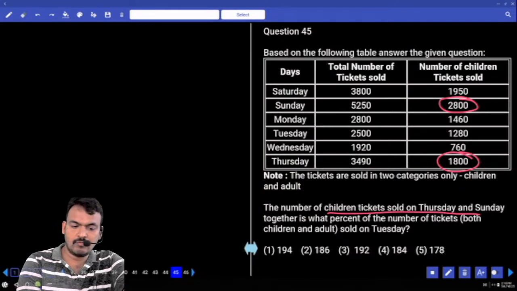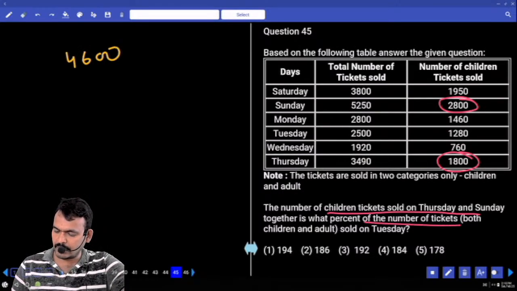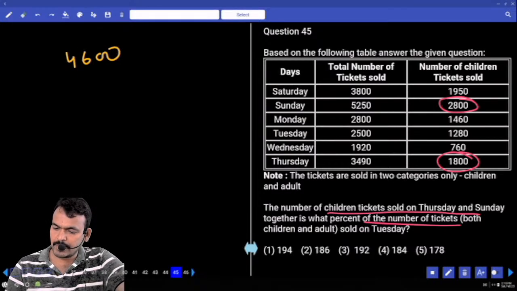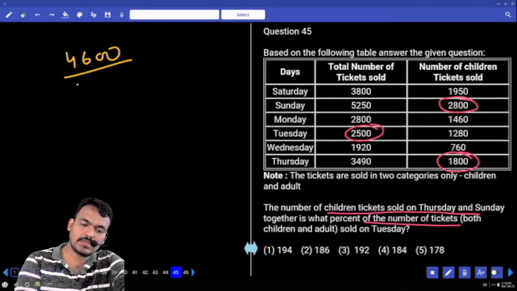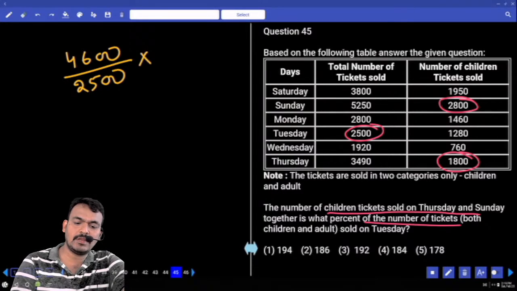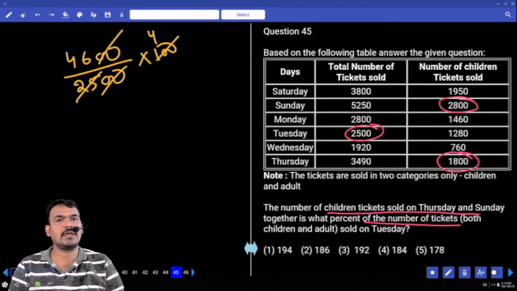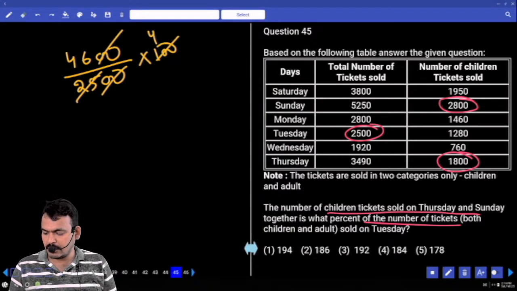Total it is 4600. This is what percent of the number of tickets of Tuesday? What is the Tuesday total tickets? 2500. 4600 is what percent of 2500? Multiplied by 100, we get the percentage. 2 zeros cancel. 25 how many times? 4 times or not? Then the answer is 184.